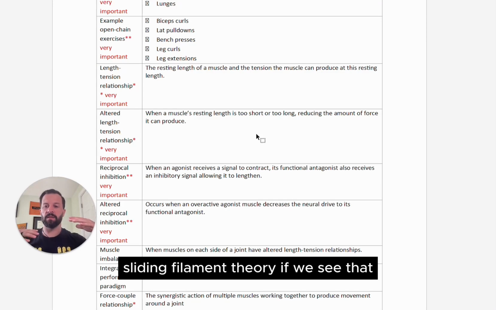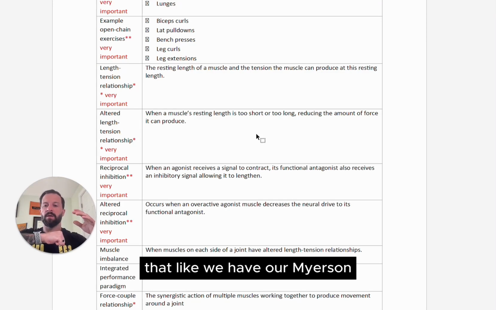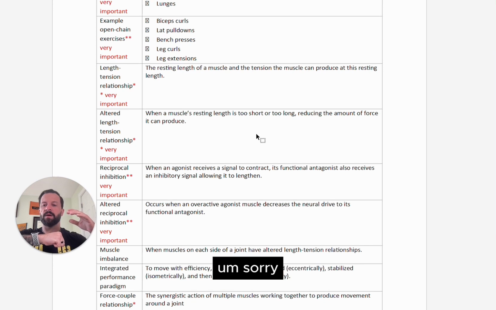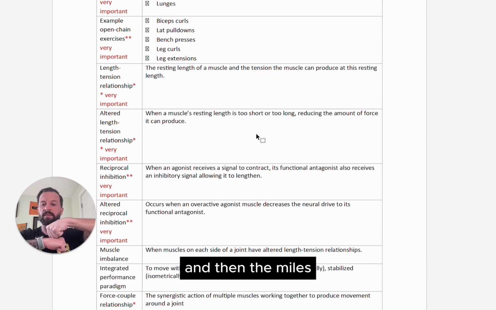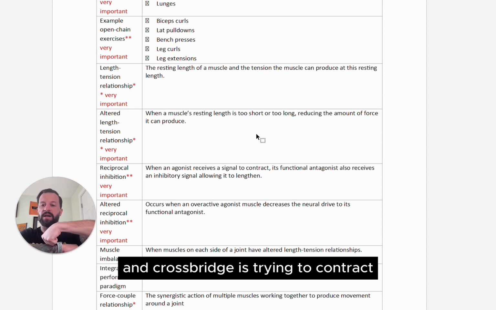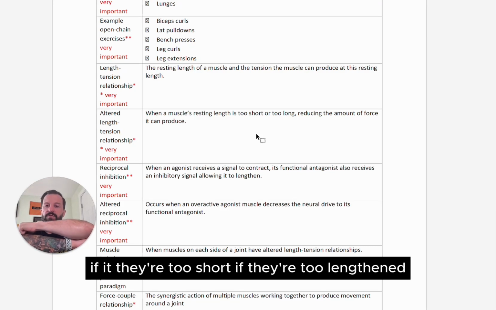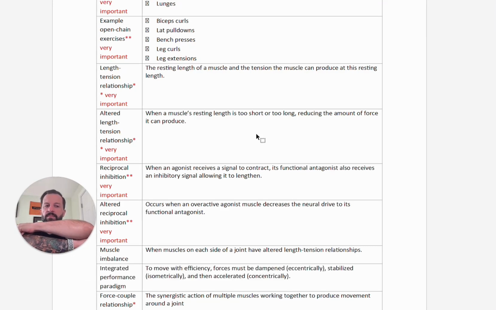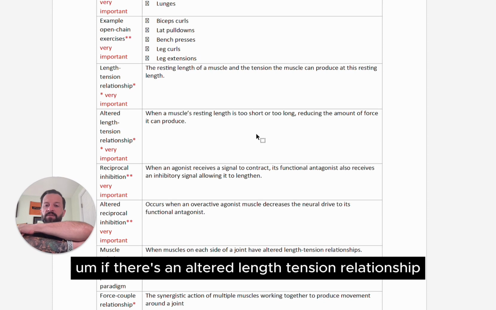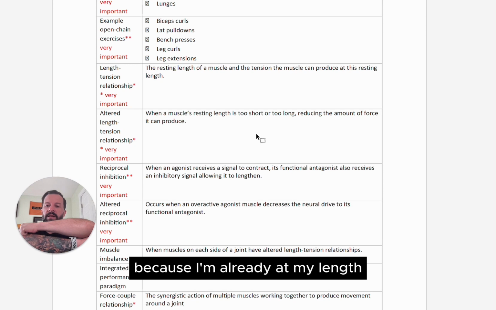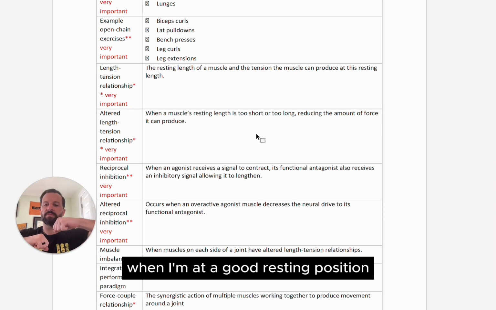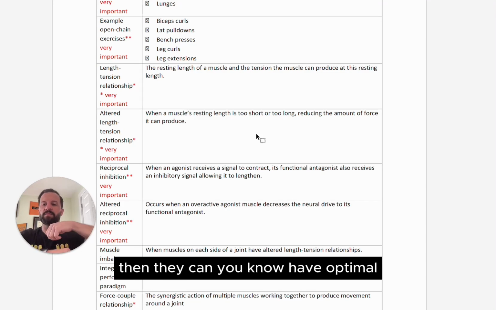If we have our actin and our myosin, the actin is latching on and then the myosin cross bridge is trying to contract. If they're too shortened, or too lengthened, if there's an altered length-tension relationship, it's going to be hard for me to still make a contraction because I'm already at my fully contracted point. When I'm at a good resting position, then they can produce optimal force.